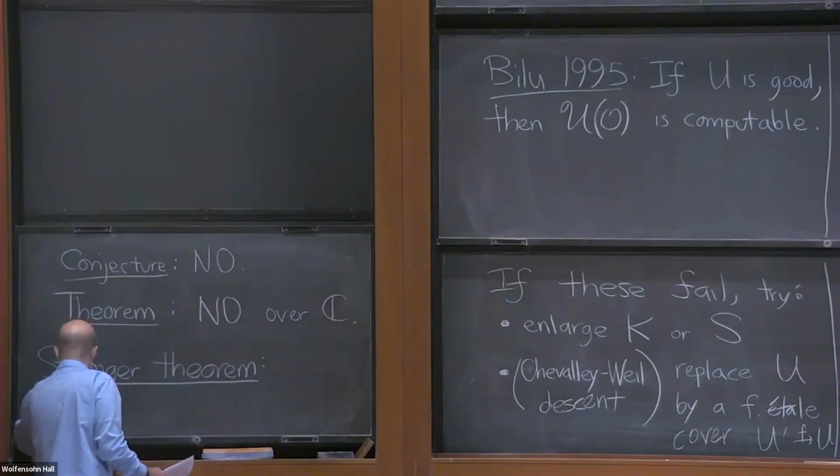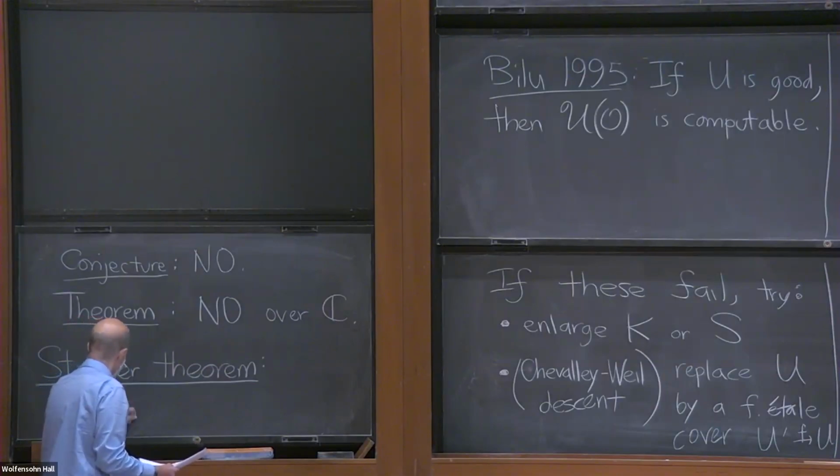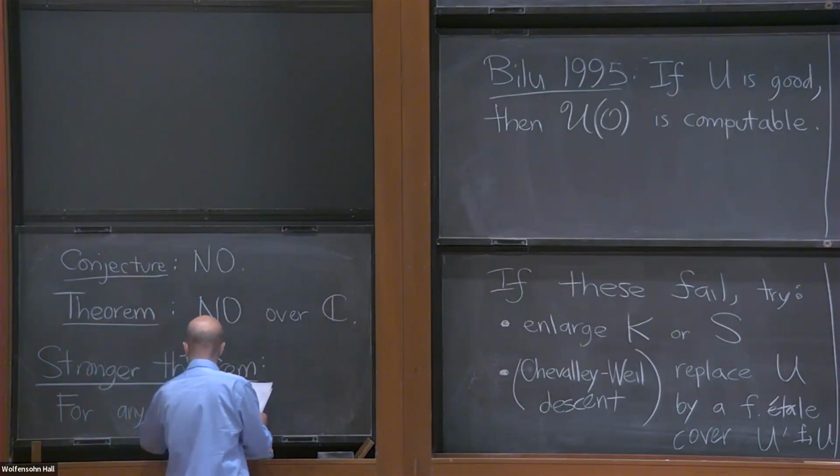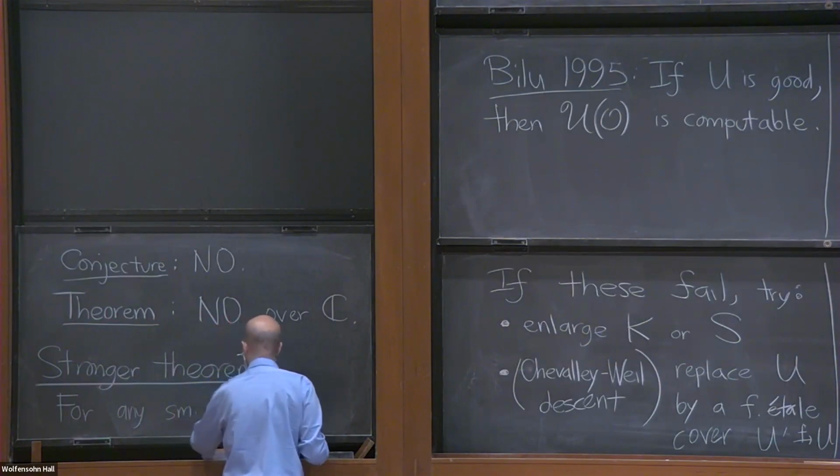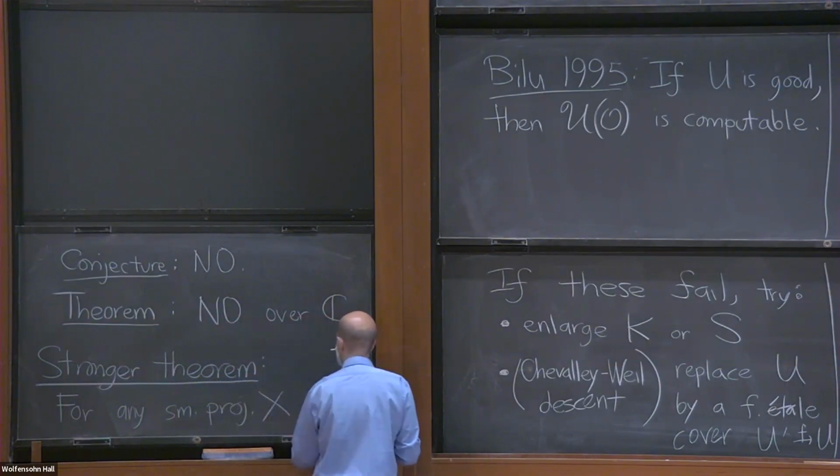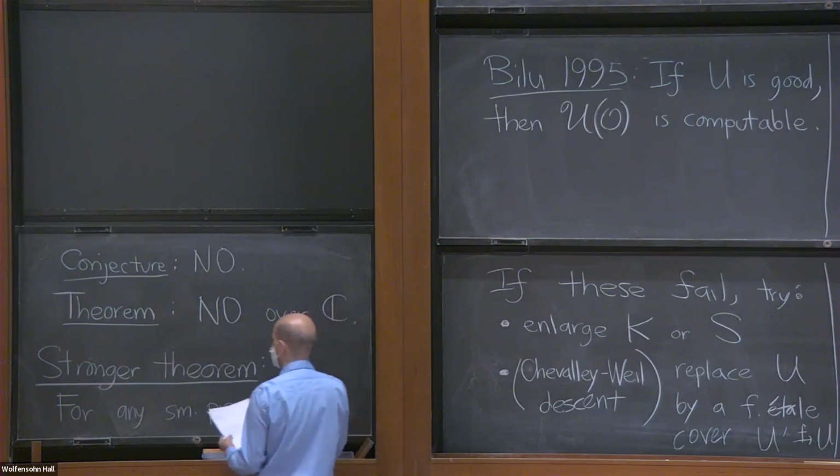There's a failure for any smooth projective X of genus at least 2 over the complex numbers.